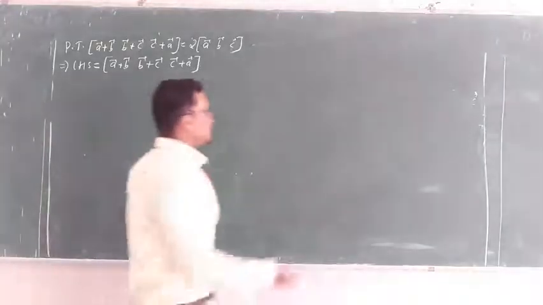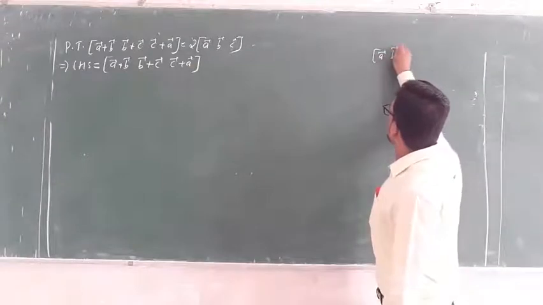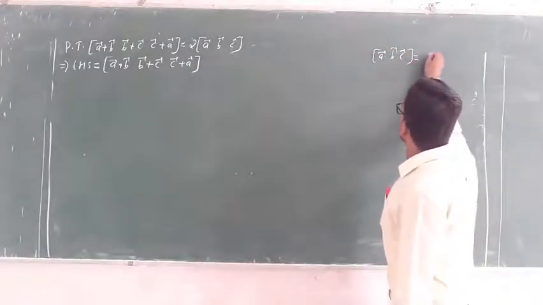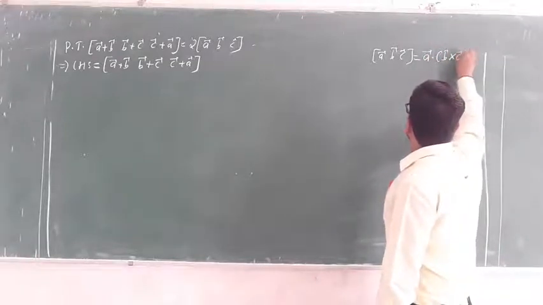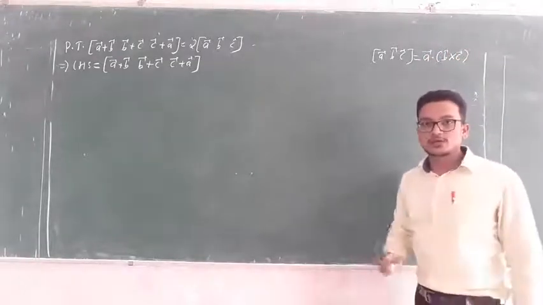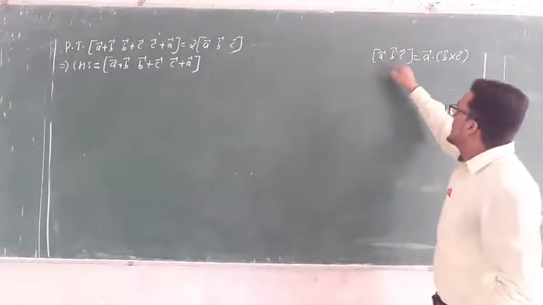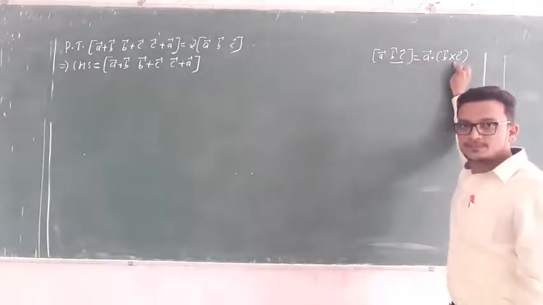Now, as you know, the scalar triple product of A, B, C, that is the square bracket of A, B, C, can also be written as A dot B cross C. That means A, B, C can be written as A, which I keep as it is, dot the cross product of the other two.